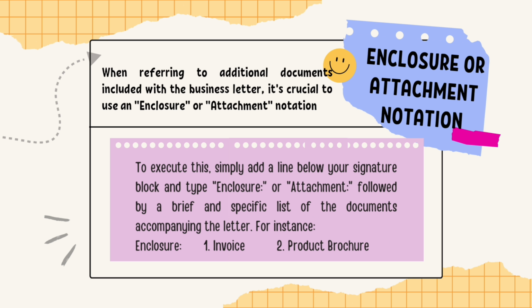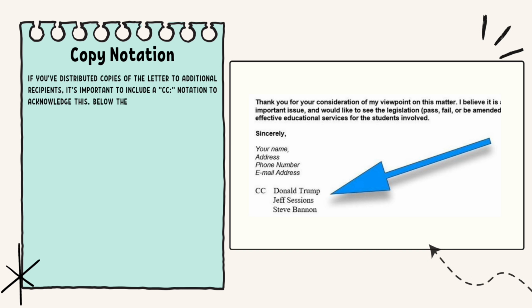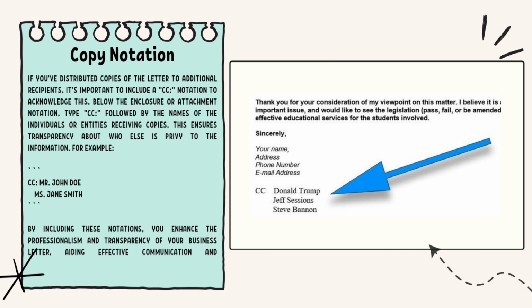10. Copy notation. If you distribute copies of the letter to additional recipients, it's important to include a CC notation to acknowledge this. Below the enclosure or attachment notation, type CC followed by the names of the individuals or entities receiving copies.